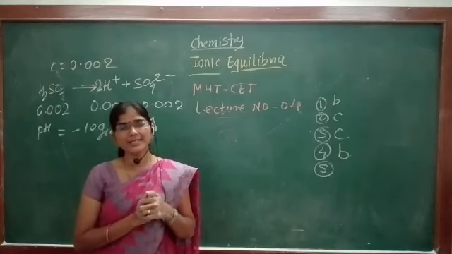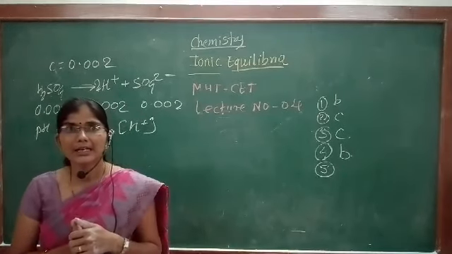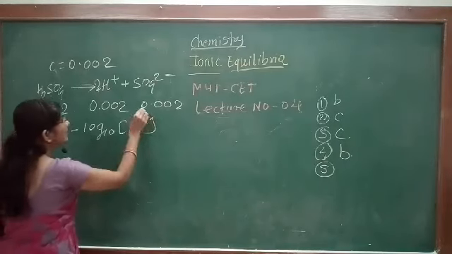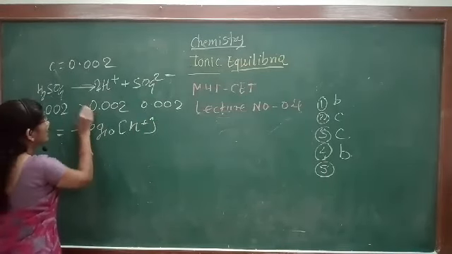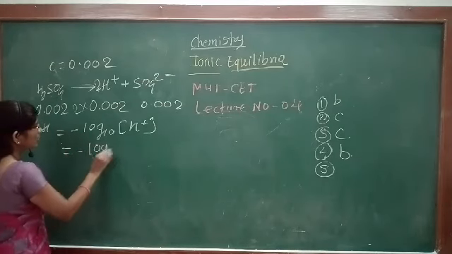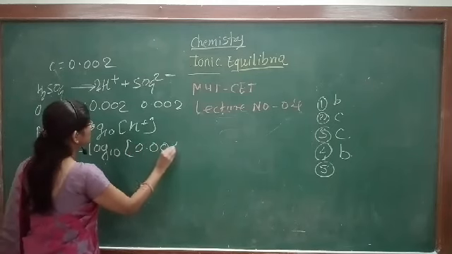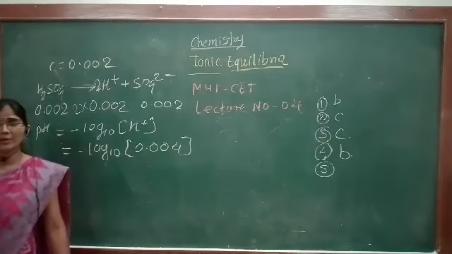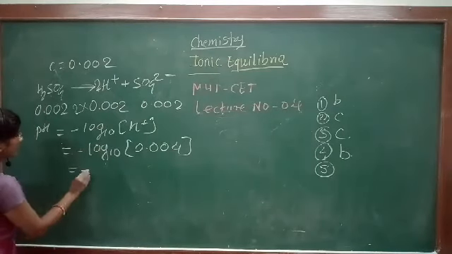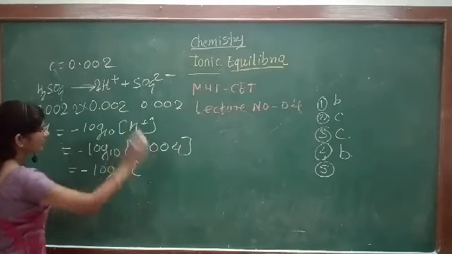Sulfuric acid is a diprotic acid, and therefore we have to multiply this concentration by 2. Therefore minus log to the base 10 of 0.04. It becomes 0.04, not 0.02.